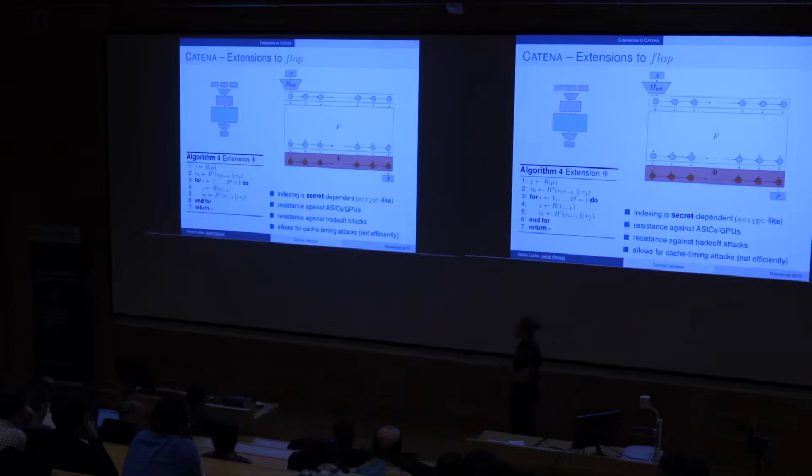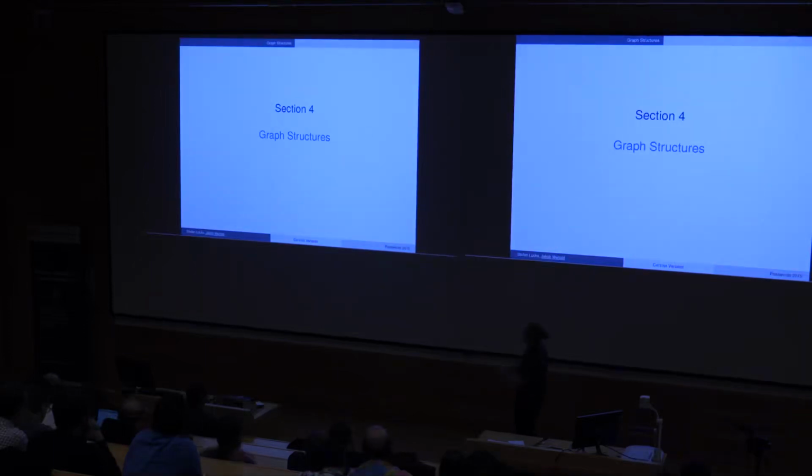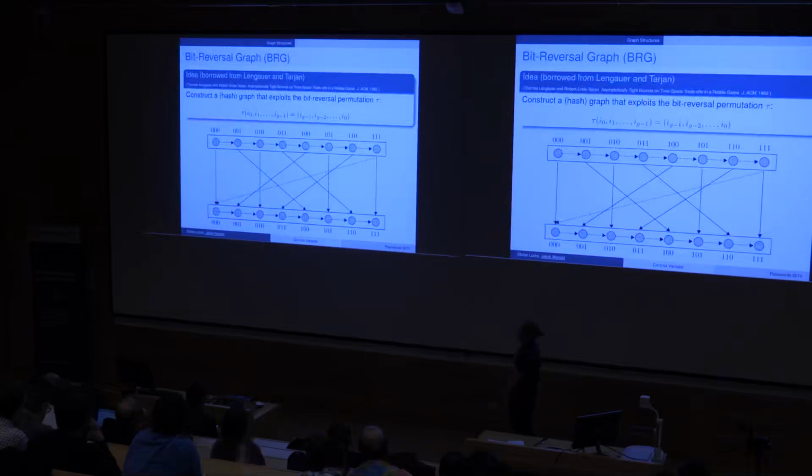And this provides sequential memory hardness, which means if you have a parallel setting, you cannot reduce the memory for single password computations. Okay, I think I have to speed up a bit, so I will just fly over the graph structures.